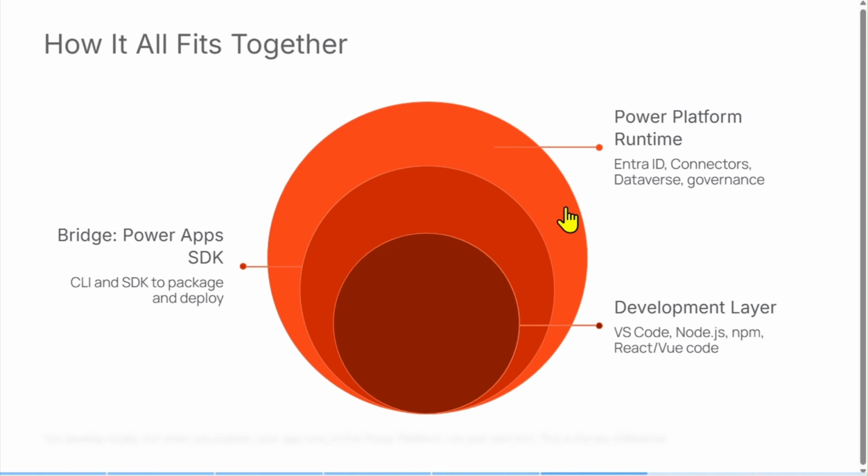The Power Platform SDK converts your local app into a Power Platform understandable app. The Power Platform runtime layer is where your app runs after publishing it. It uses platform services like Microsoft Entra, Dataverse, connectors, and governance, giving you enterprise security and managed infrastructure automatically.